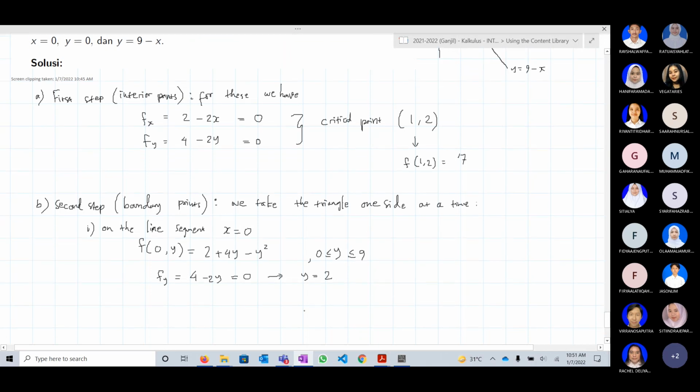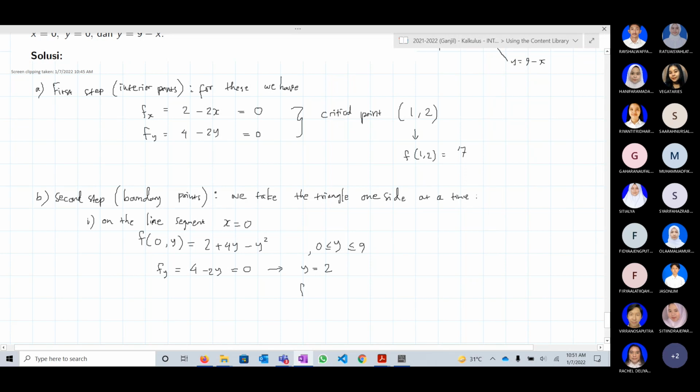So on this line segment we simply need to compute f of 0 comma 2, which is 2 plus 8 minus 4, so this is 6, and we also compute the value at the boundary points: f of 0 comma 0, which is 0, and f of 0 comma 9, which is minus 43.